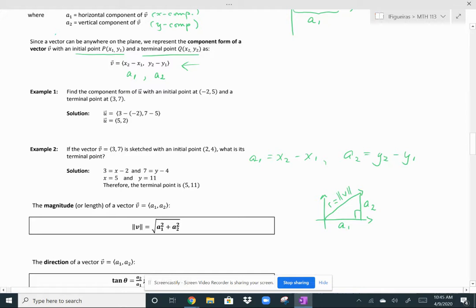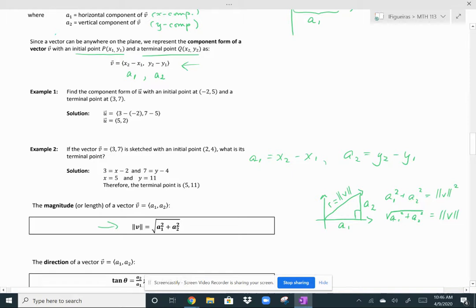And so we know that a sub 1 squared plus a sub 2 squared is equal to the hypotenuse squared. And when you take the square root of both sides, well, you get exactly what's in the box on the right. And so your magnitude V is the square root of a sub 1 squared plus a sub 2 squared, which is this.